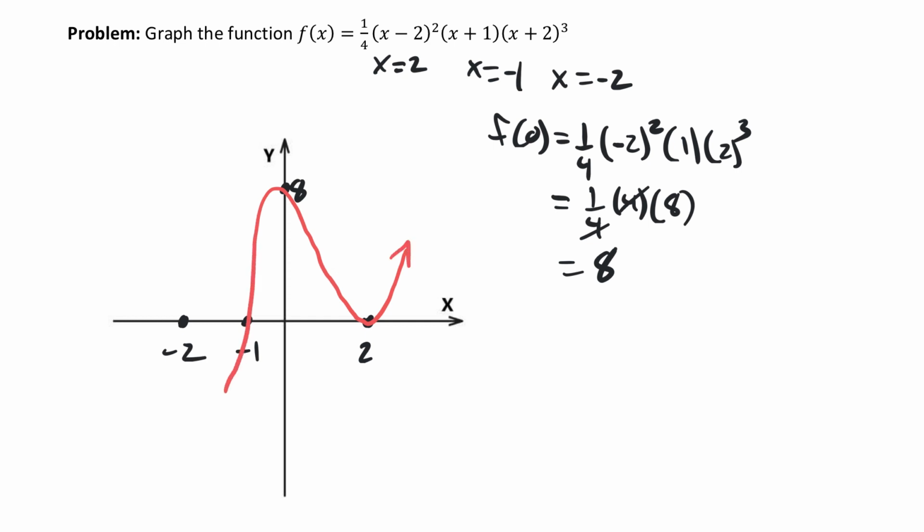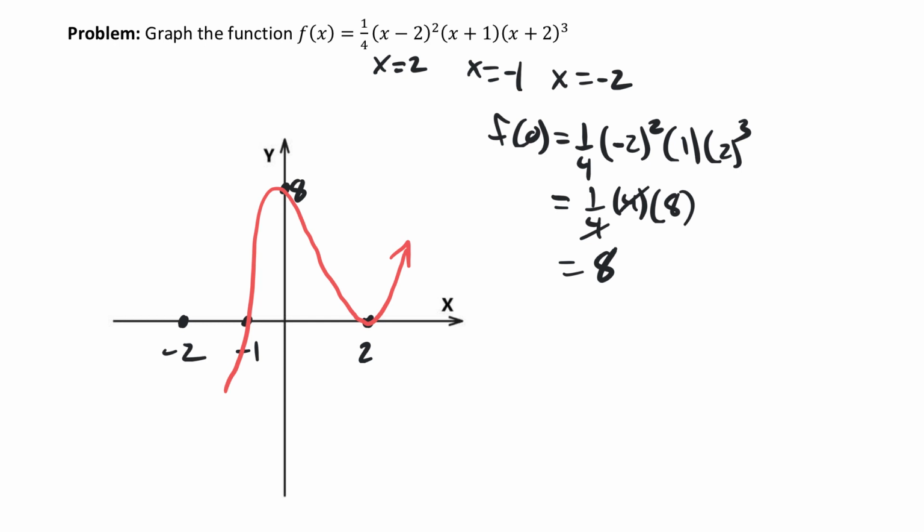So we've got most of the graph here. We've bounced, gone through the y-intercept. We've cut through at -1. Now remember though, when we go through that intercept at -2, we can't just cross through like this. If we do this, we won't get full marks because this looks like a degree 1 intercept.